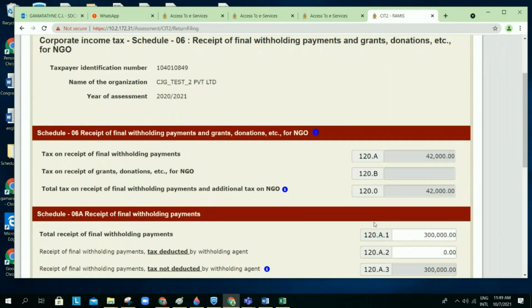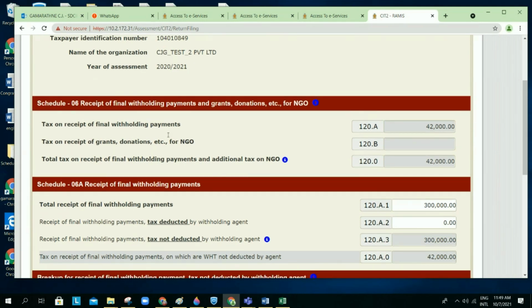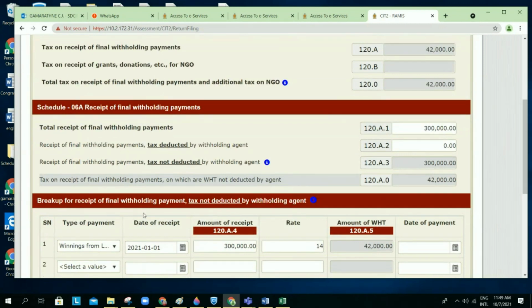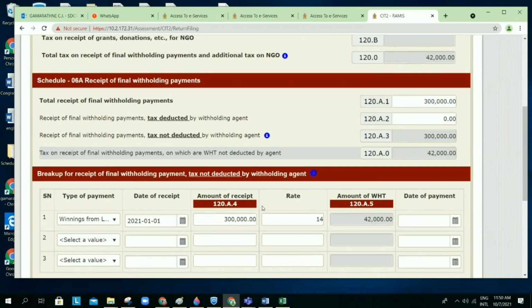Actually, this is the schedule 6. This time there are some changes. The top part of this schedule is structured as 2 sub-schedules. Schedule 6A, receipt of final withholding payment, and the other one is receipt of NGO, non-governmental organization, tax receipt or grant donation to non-resident NGO.